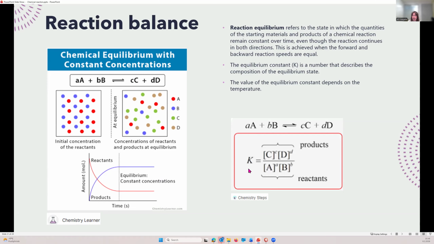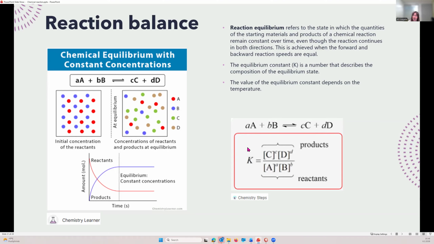This K you form with the reaction equation. So you have to know, of course, the reactants and the products, and you have to balance it. So you have to put the multipliers there.